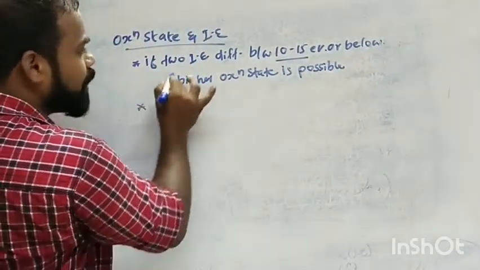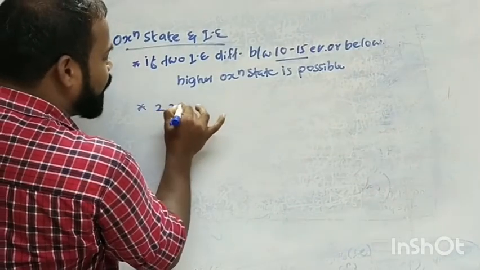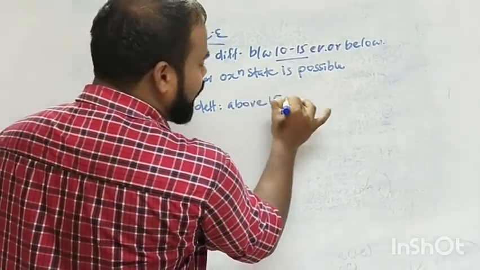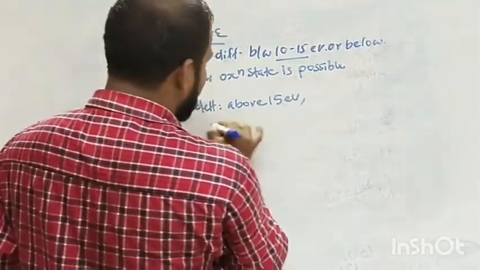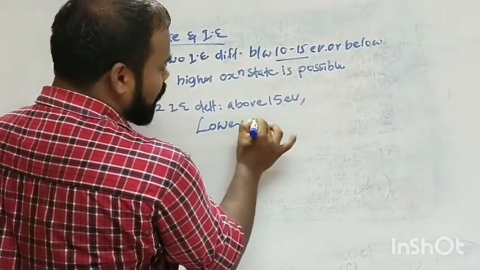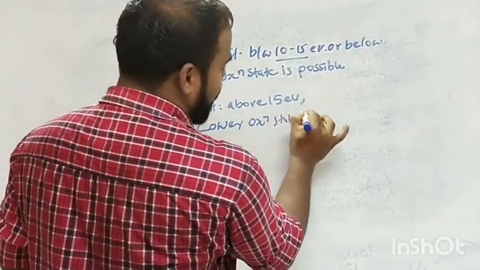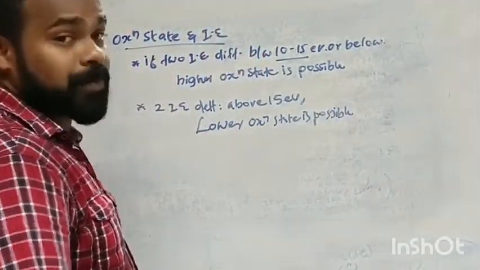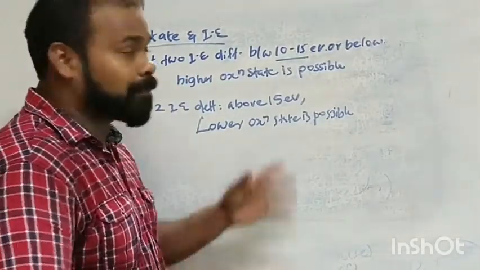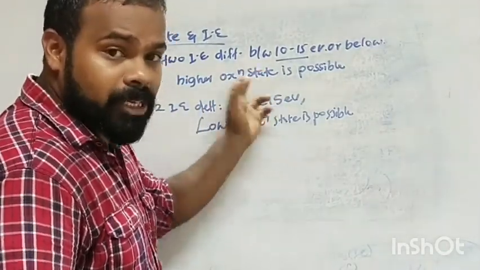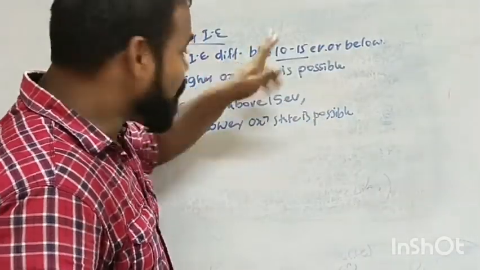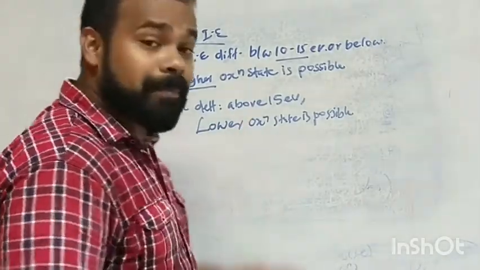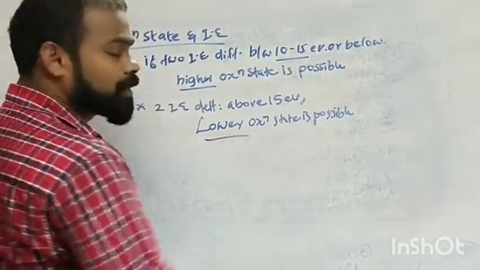Next case, if the difference between two ionization enthalpies is above 15 electron volt, sure, a lower oxidation state is possible. When the difference is between 10 to 15, otherwise below 15, at that time we take the higher oxidation state. If the difference is above 15, we take the lower oxidation state.